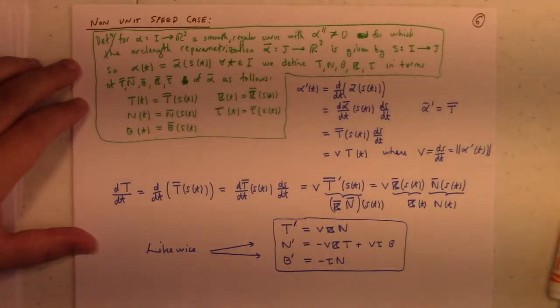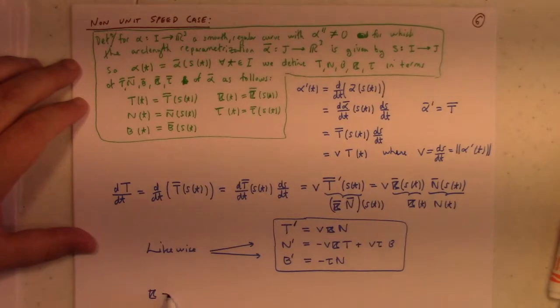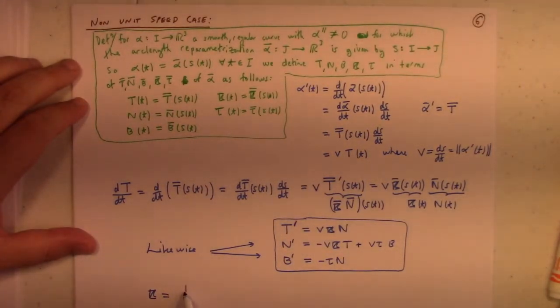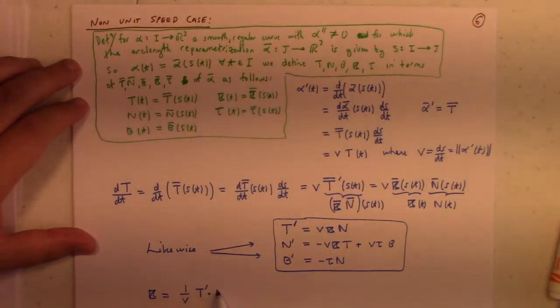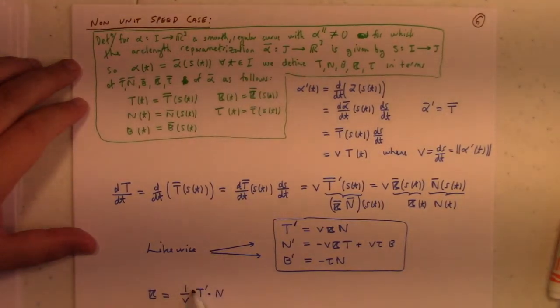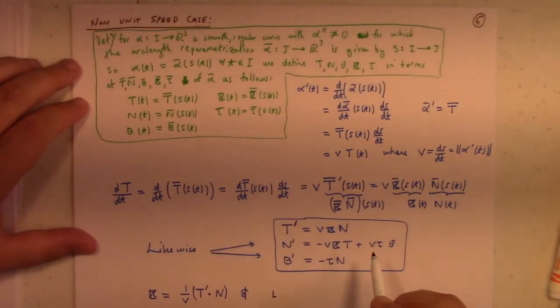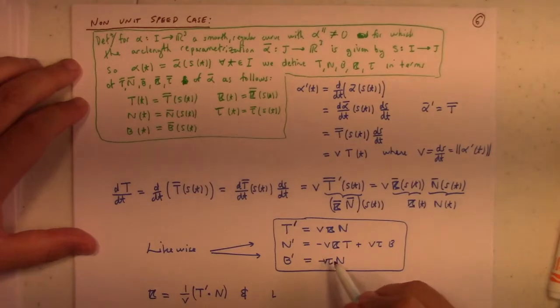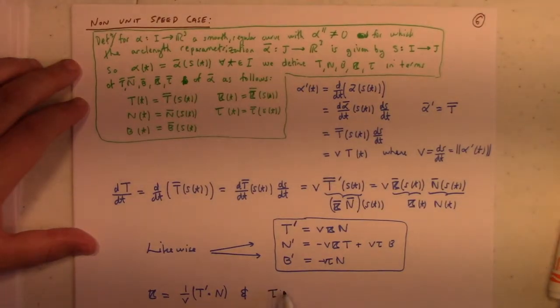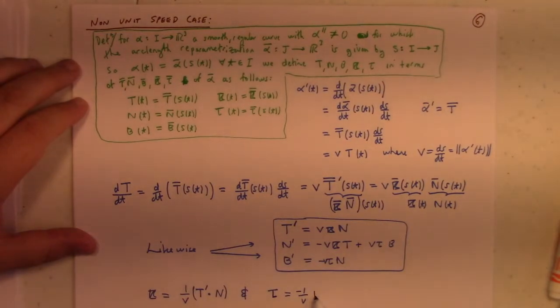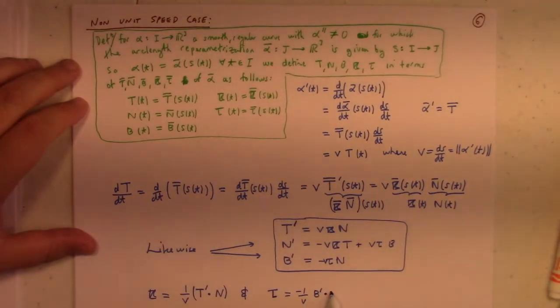For example, it turns out that the curvature is going to be equal to 1 over the speed times T prime dot N, where everything here is in terms of time. Taking the dot product of the last one, the torsion as a function of time is going to be minus 1 over v times B prime dot N.